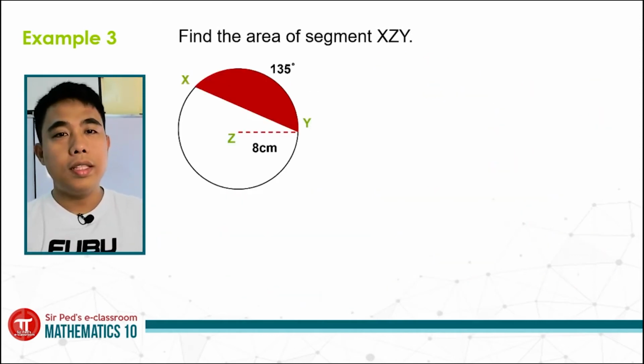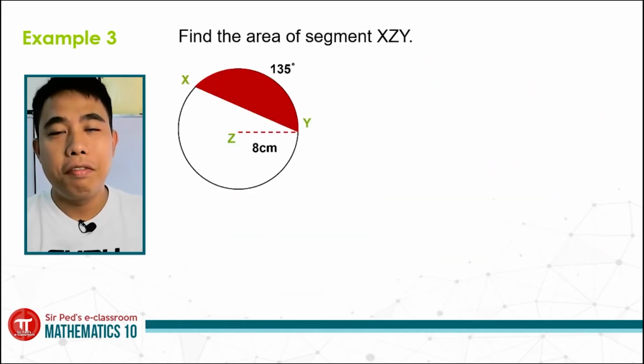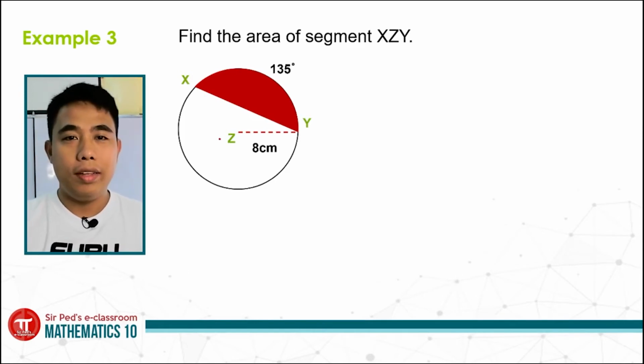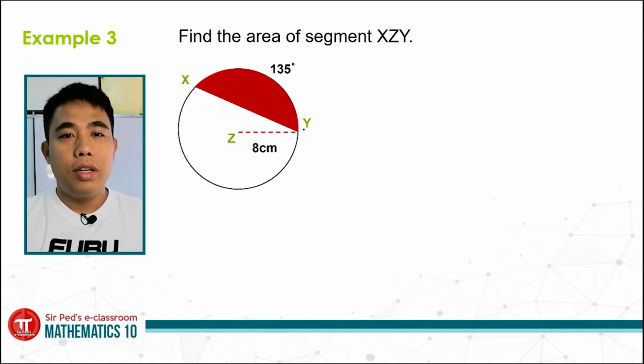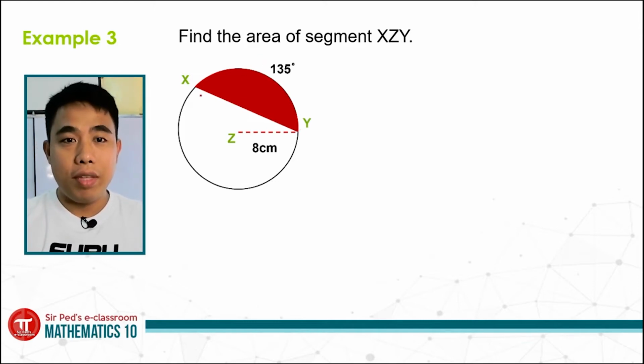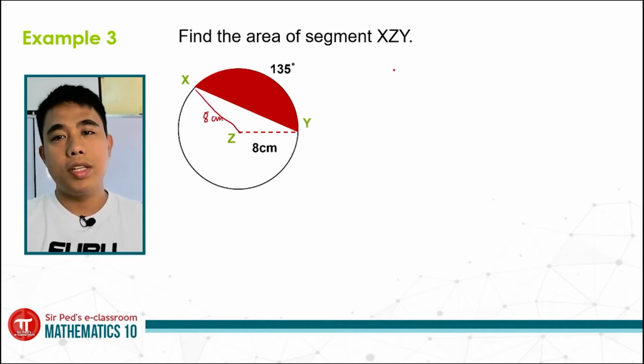Okay, let's have another example. Find the area of the segment XZY. So the measure of the arc is 135 degrees and the measure of the radius is 8 centimeters.